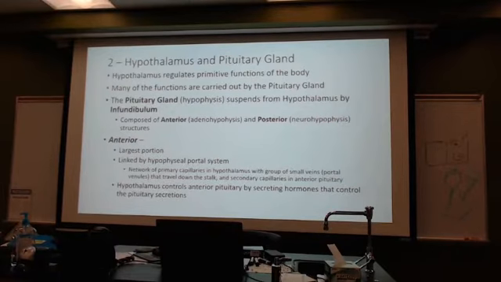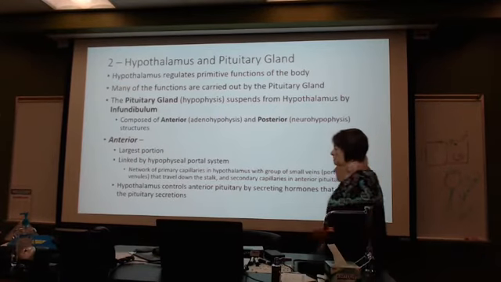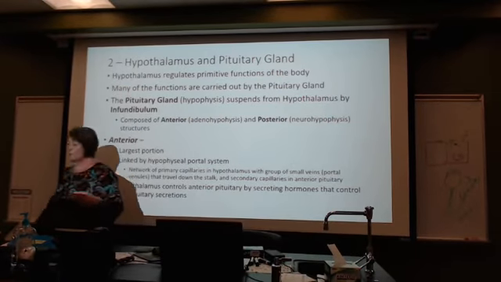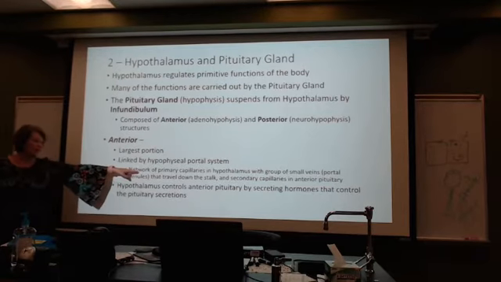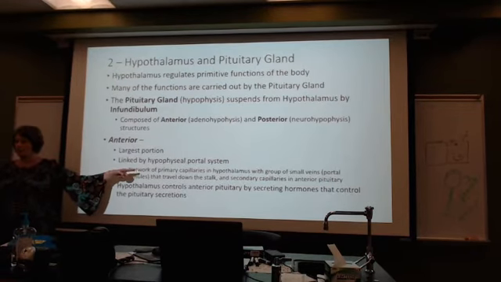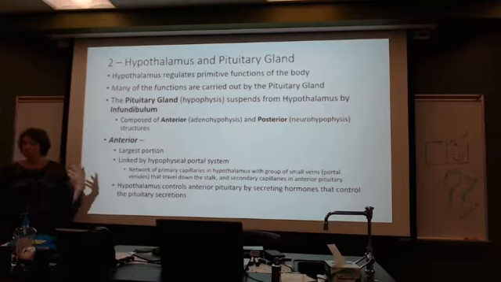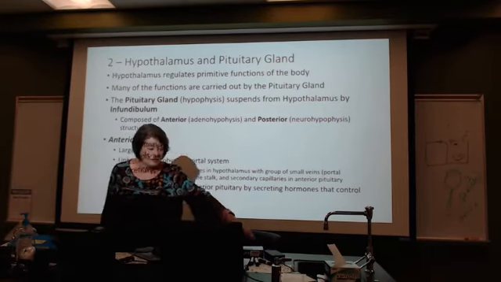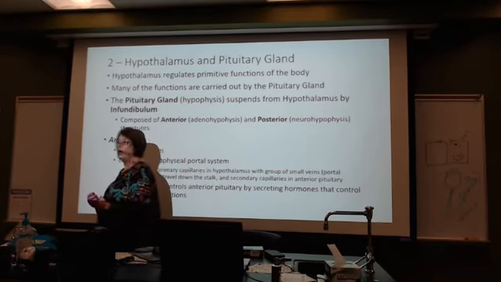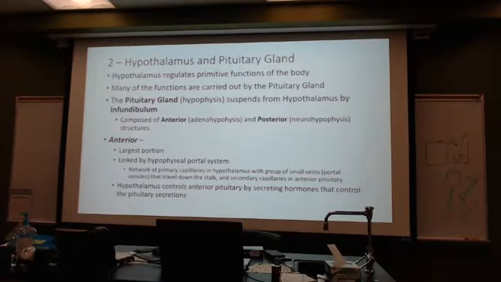So in this hypophyseal portal system, it is a network of primary capillaries. We really haven't gotten to the topic of the heart and the vascular system.